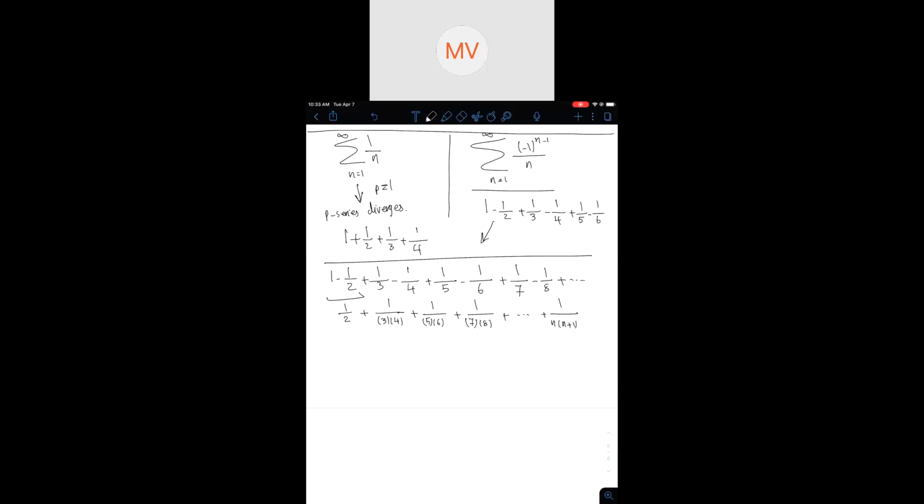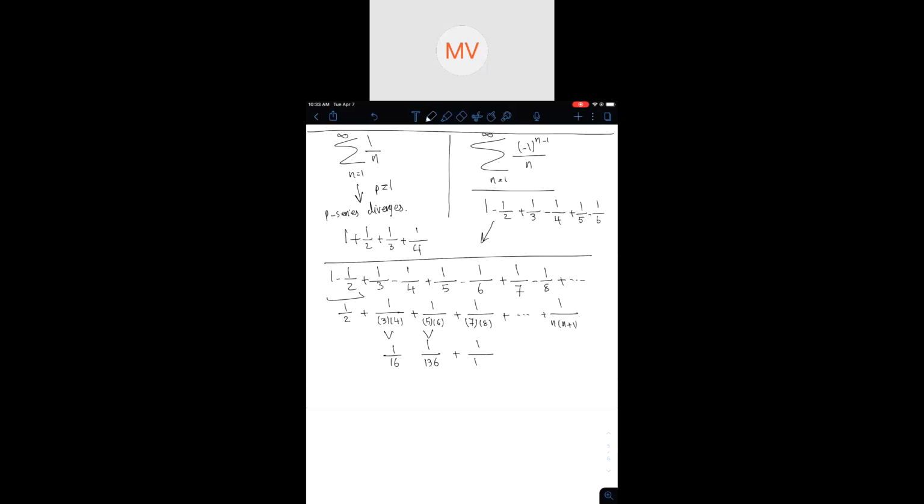But what we care about is that 1/12. Do you guys agree that 1/12 is bigger than 1/16? Because when the denominator gets bigger, the fraction is smaller, right? So this is larger than 1 over 16. That one is larger than 1 over 36.